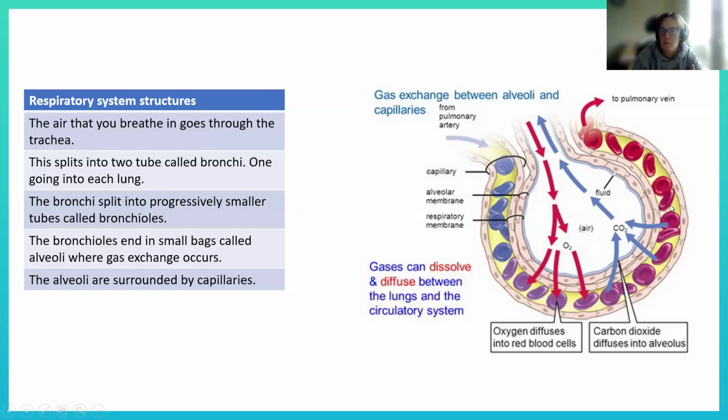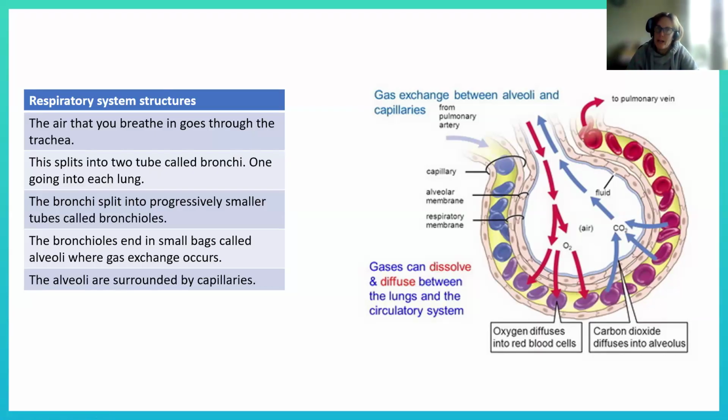So that keeps a diffusion gradient, concentration gradient. So there's always more oxygen here than there is in this low oxygen blood, which is constantly coming through because of the heart beating. So there's always a concentration gradient, high concentration here, low concentration here. And there's more low concentration blood constantly coming through. So it's a good concentration gradient.